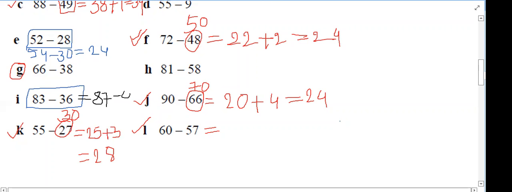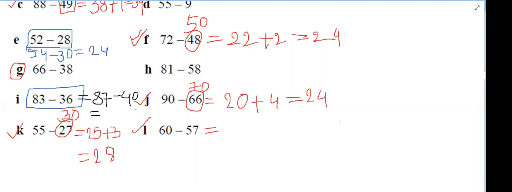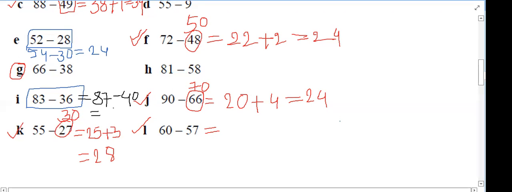Now tell me, 87 minus 40 is how much? Oh, sorry. 47. That's all. That is the answer.